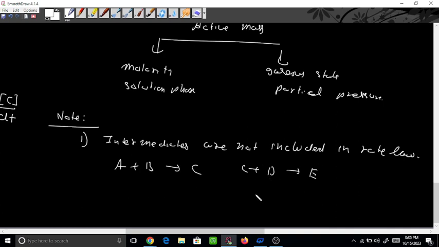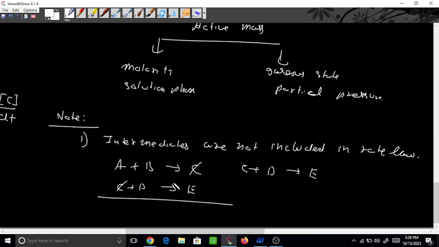If I add them, C will get cancelled. So what we have formed here is A plus B plus D gives E. Here we can see that C has been eliminated, so C is an intermediate here.